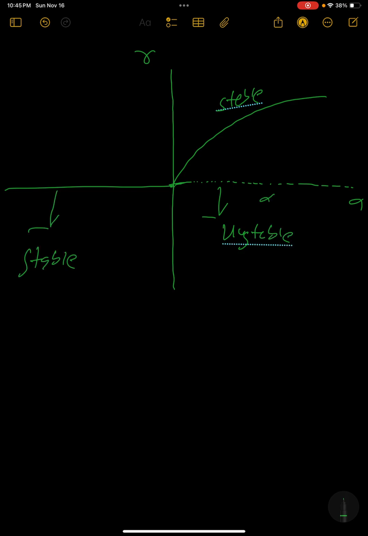Here alpha is positive, alpha is negative, and r is actually 0 on the axis. So this is called the bifurcation diagram. Thank you, and that's what we had for today.